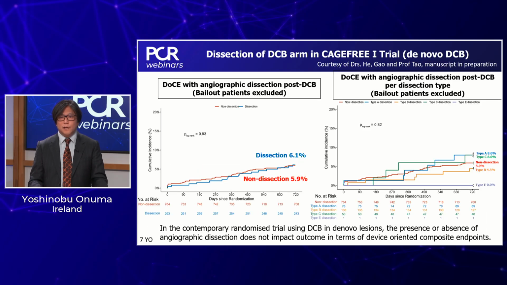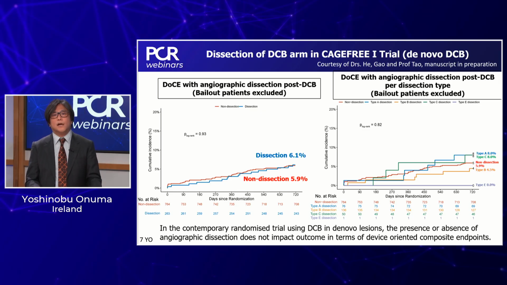But in a recent trial, for example, the Cage-Free 1 trial, which is a randomized controlled trial between the drug-eluting stent and drug-coated balloon in de novo lesions, you could see in the DCB arm of those 1,000 patients, if you stratify the patients with untreated dissection at the end of the procedure and patients without dissection, the clinical outcome was not different.